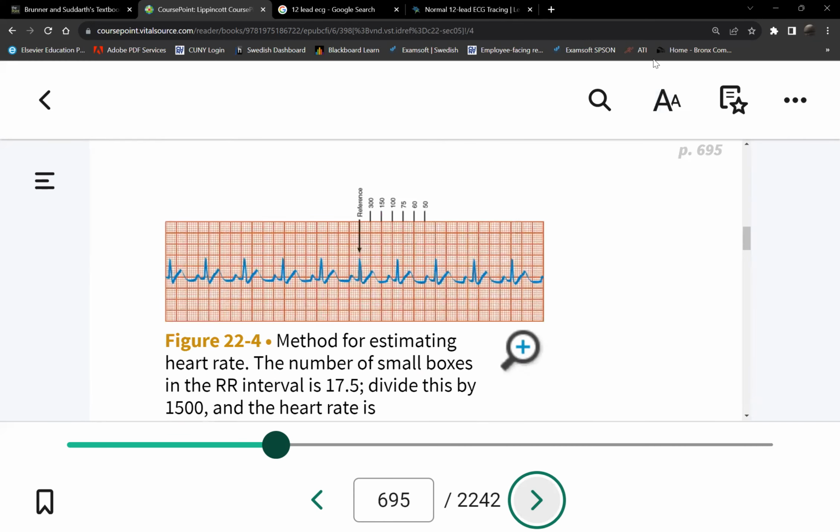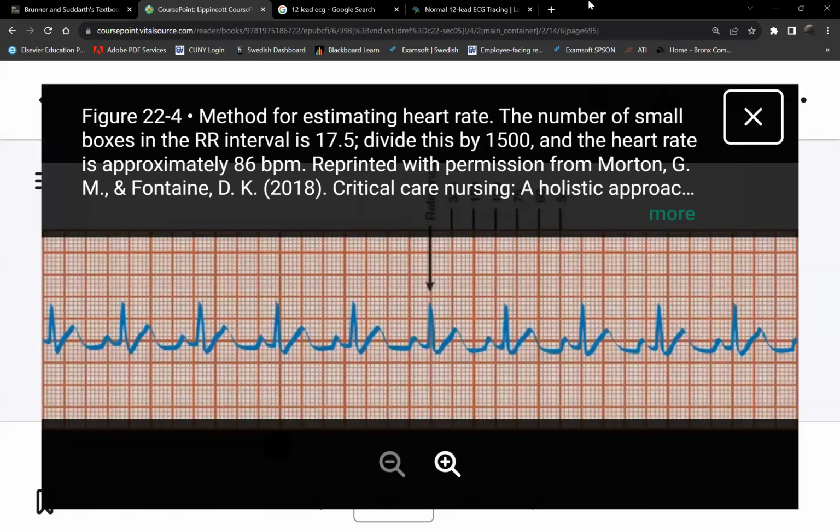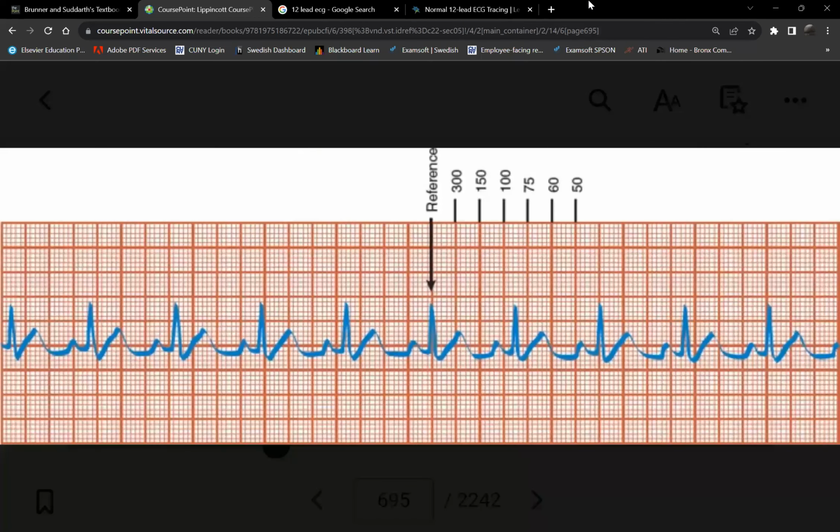Look at this one. Does the isoelectric line fall on a solid line here? Not at all. But can you imagine a straight line from which every wave rises and falls back into? Yes, there's one somewhere here, correct? So the P wave starts here.